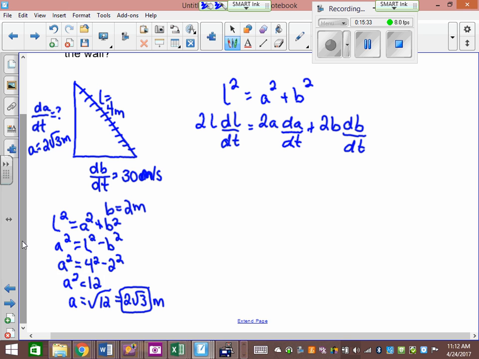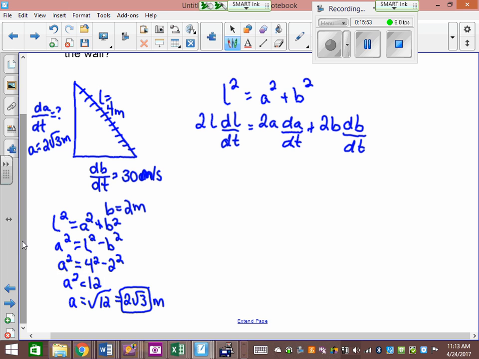And a whole bunch of people will sit there forever and say, I don't know what it is. It's the rate of change of the ladder. It's 0. It doesn't change. It's a ladder that's 4 meters long.